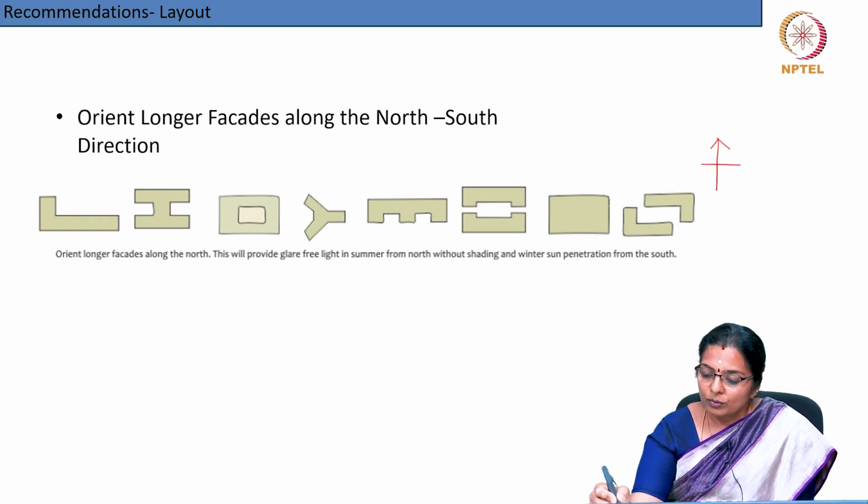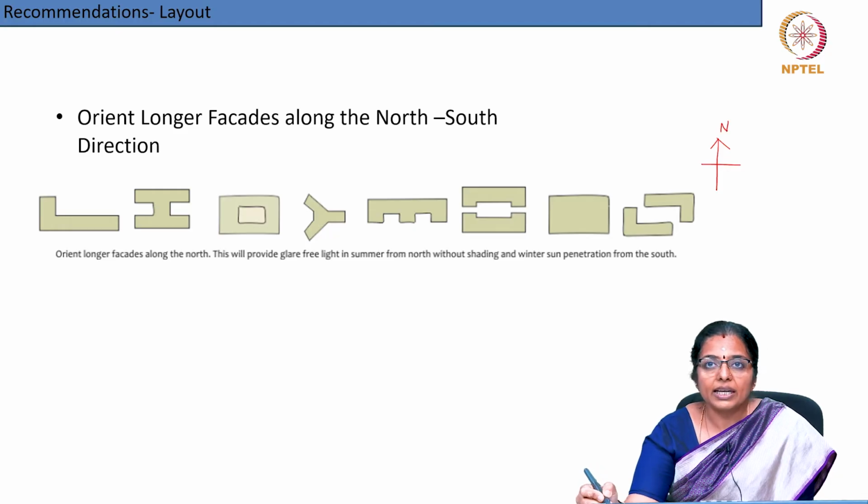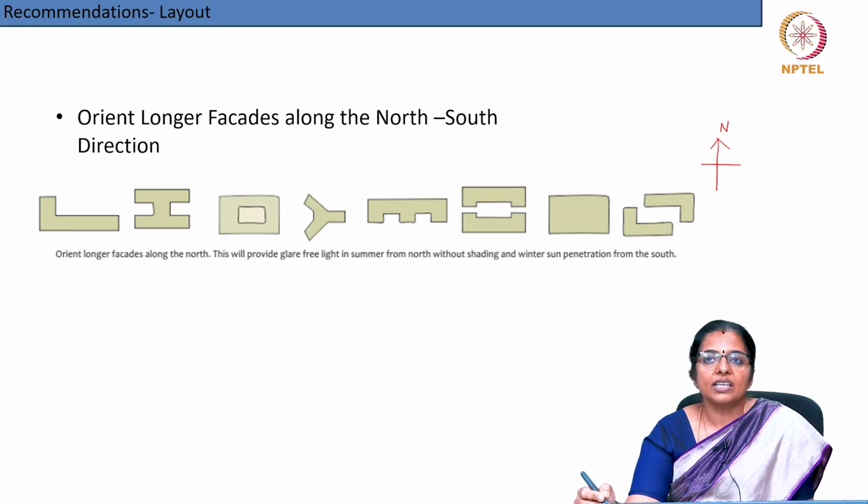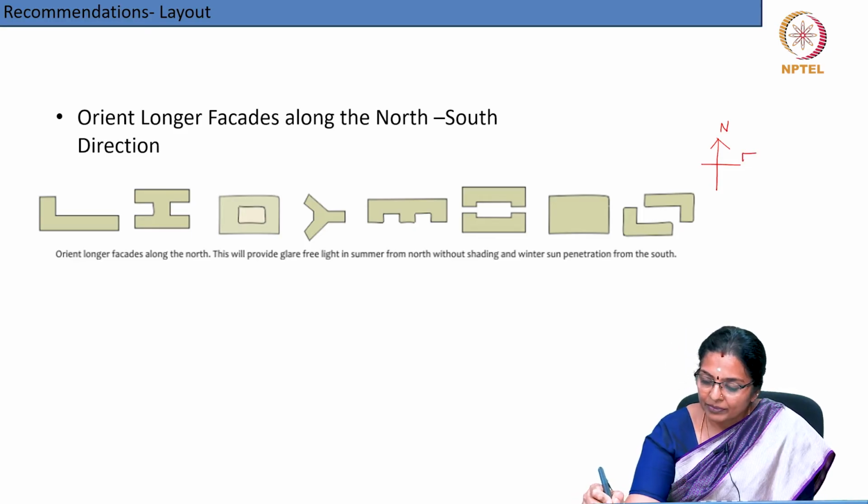And so, thermal gain due to solar radiation is minimized and daylight infiltration gets maximized. Controlling sunlight through louvers and shades is easier on the north and south side.